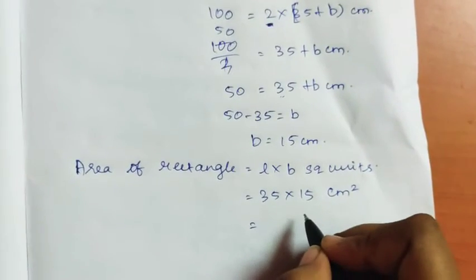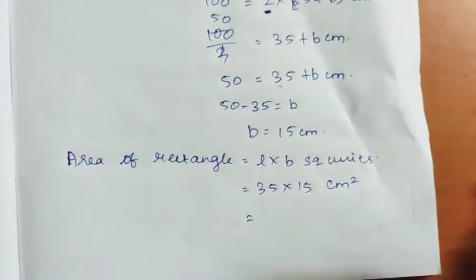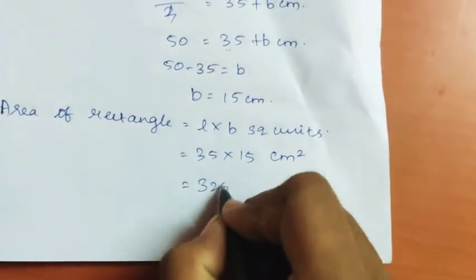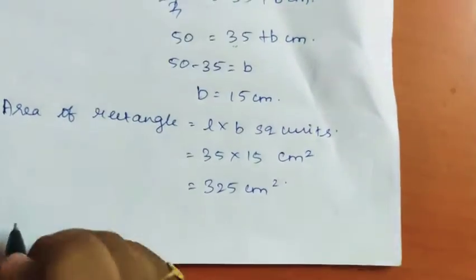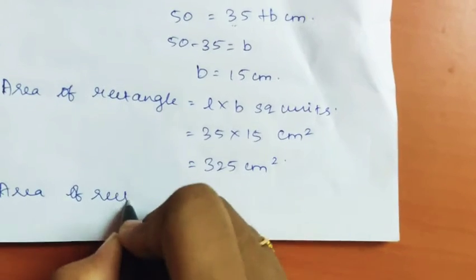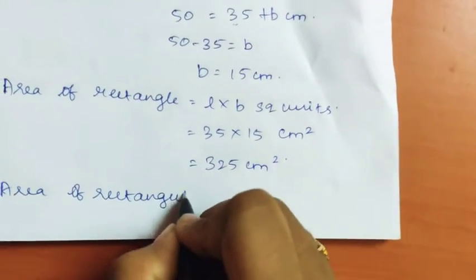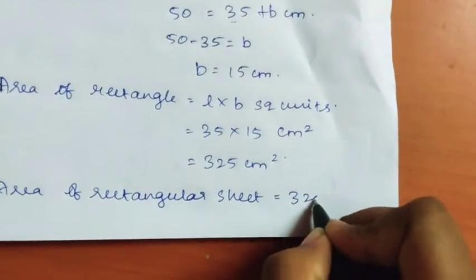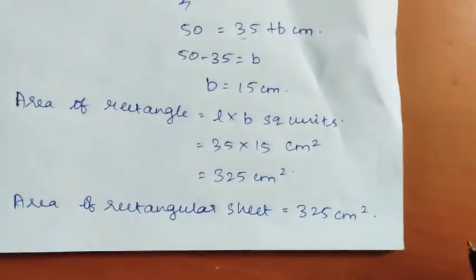So 35 into 15 is equal to what? We get 525 centimeter square. So the area of the rectangular sheet equals 525 centimeter square.